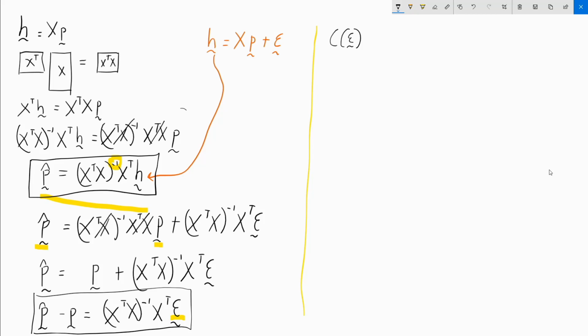Now, in another video we showed a very important equation. We said that if we have a random vector x and we calculate another vector y from x, then y is random and the covariance matrix of y can be calculated from the covariance matrix of x using this equation.